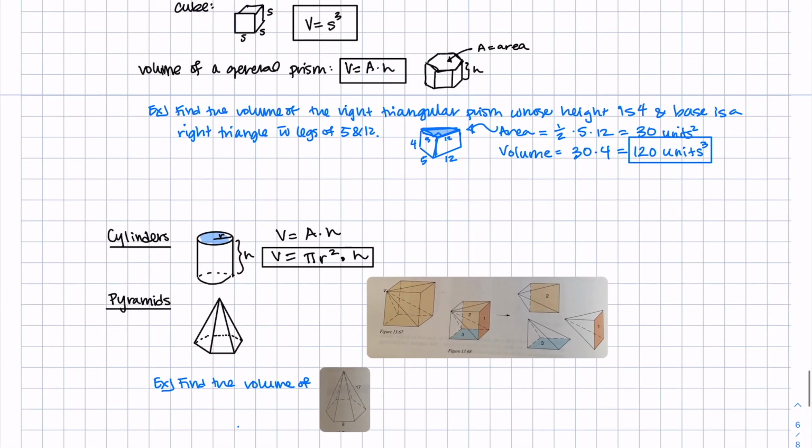So one thing to keep in mind here that maybe I should have brought in when we were talking about surface area is to notice that here we're multiplying two radius lengths, right? We have r squared and another height length to get a 3-dimensional measurement.